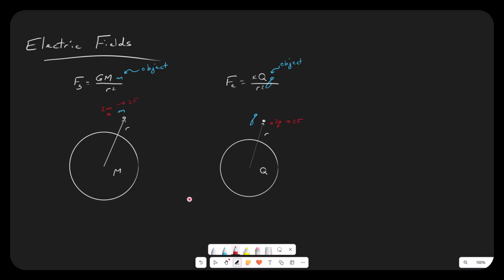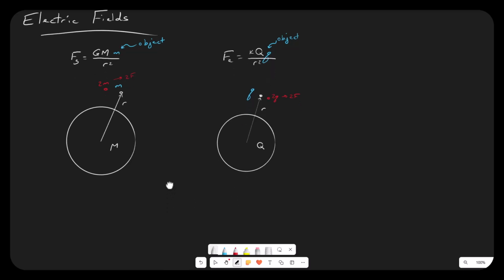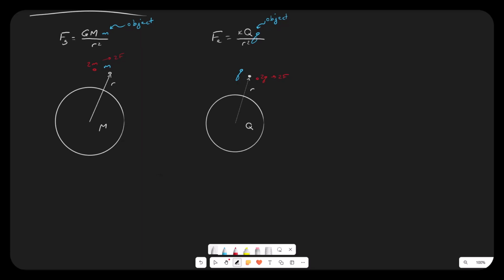So there is a quantity that's the same for any object that I put at that location. To find the force, I'm just going to multiply that quantity by the mass I'm putting there, or over here by the charge I'm putting there. With gravitation, it's a little bit easier to see because we can say the sum of forces equals mass times acceleration, which we know.